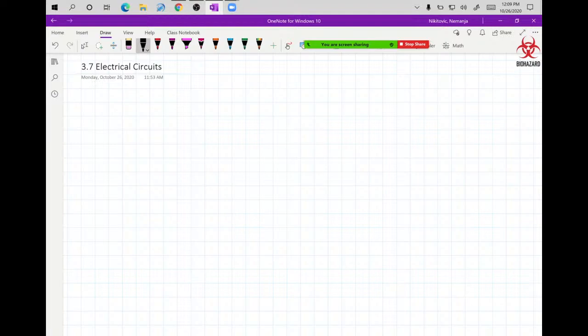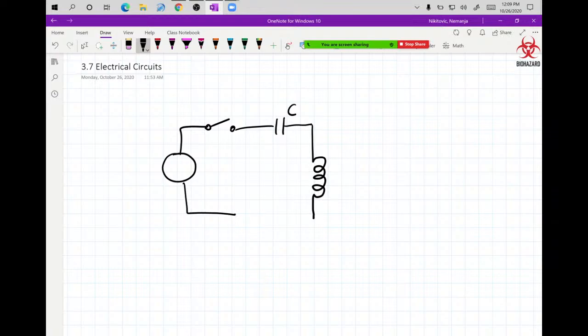So we're going to take this basic electrical circuit, which we would call an RC circuit, and I'm just going to go through each component and tell you what they are and what they do in real life, because over here is a fake life.